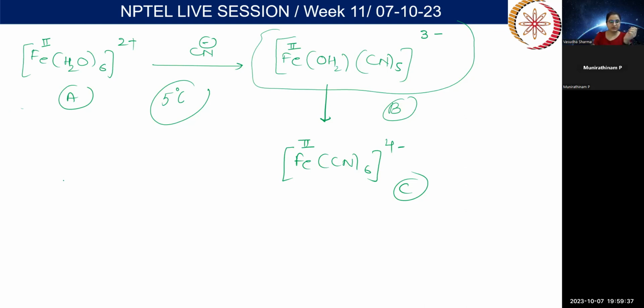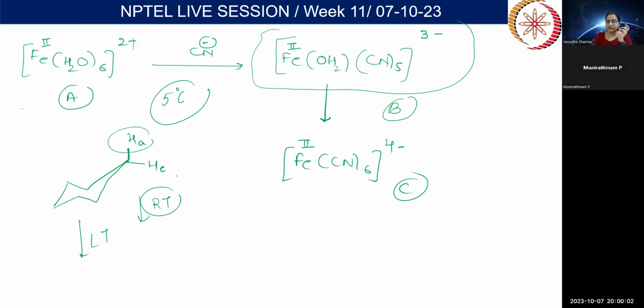For example, you might have heard about this fluxional behavior. If we have this cyclohexyl group, there would be two types of protons: one is axial, one is equatorial. If we record NMR at room temperature, both will give you one peak only. But if you're recording at low temperature, they will occur as different, so we get two types of peaks.